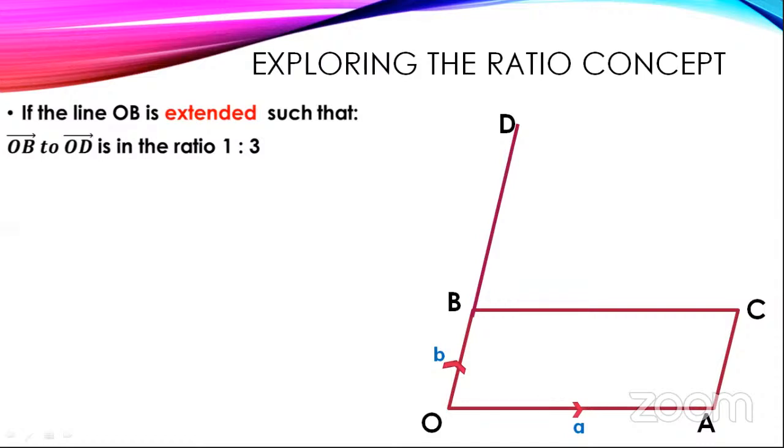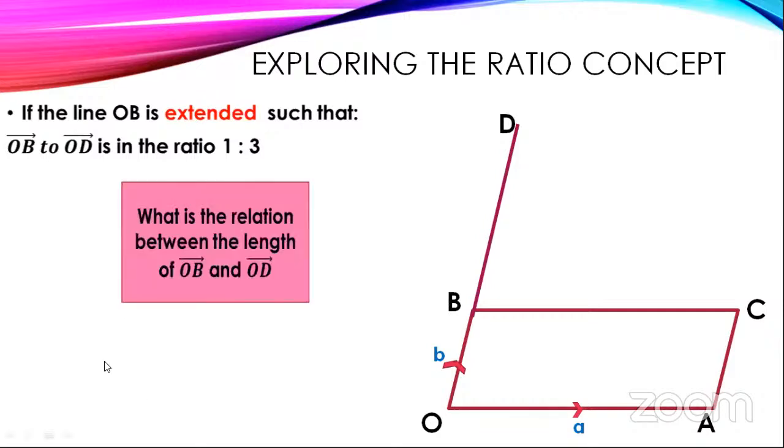All right, can anybody tell me anything that they observe? If not, we're just going to go through, because we are down to the wire and we want to make sure that you get everything. What is the relationship between the length of OB and OD? Look at what is going to happen to my animation.